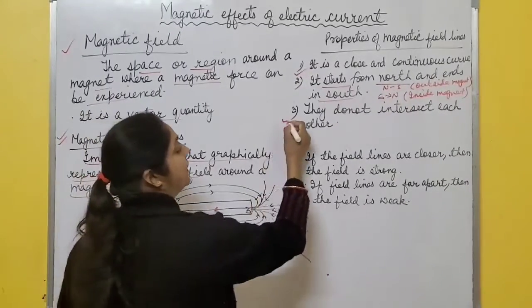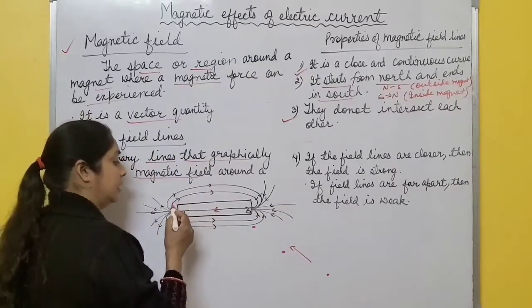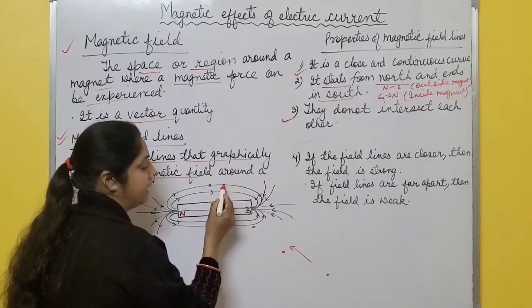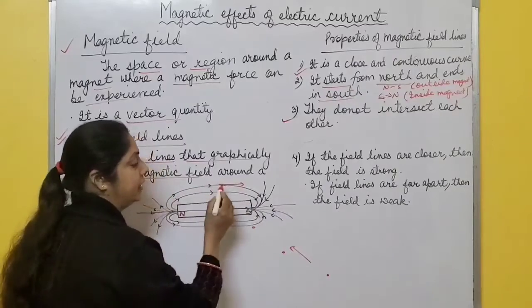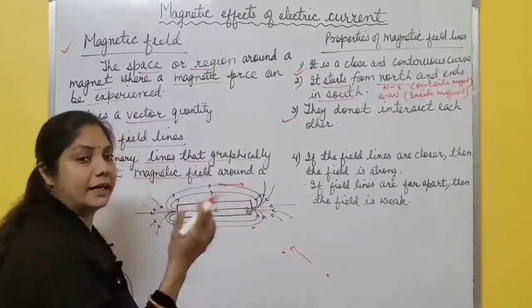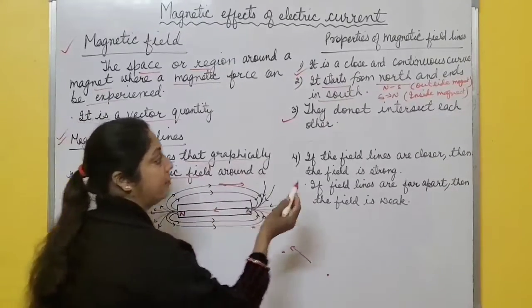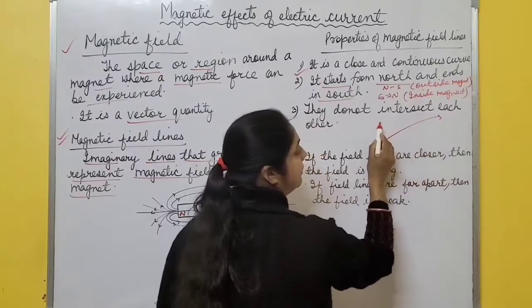Next important property is they do not intersect each other. These magnetic field lines represent the magnetic field. If you want to find the direction of the magnetic field at a point, you draw one tangent at this point. This tangent gives the direction of the magnetic field. Now, if two field lines intersect each other, what happens? Suppose one magnetic field line is going like this, another is going like this.